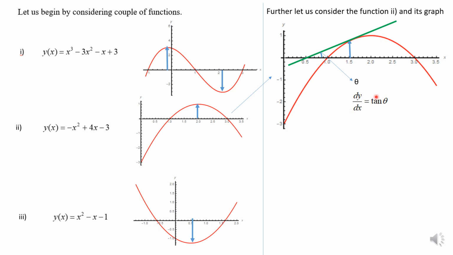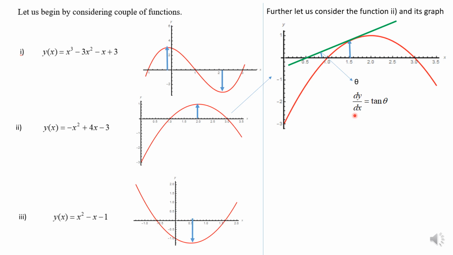Tan is a trigonometric function, which most of you already know, and theta is this angle. That is, in order to find the differentiation at this point, draw the tangent and measure the angle. The tan value of that theta is the differentiation value.